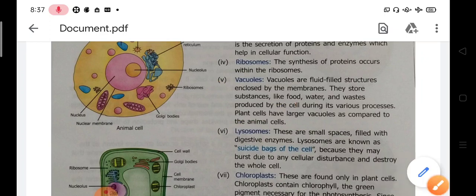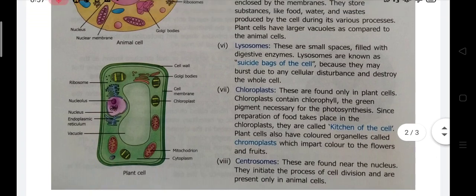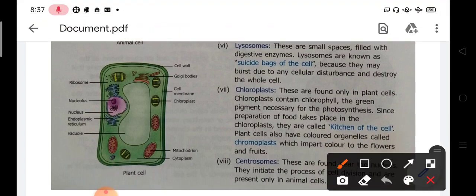Now we talk about lysosomes. Lysosomes are small spaces filled with digestive enzymes. The main role of lysosomes is that they contain digestive enzymes. That means they help in digestion. But when any injury occurs in the cell, then what happens?